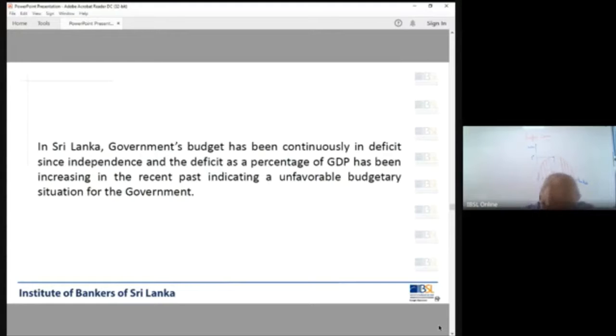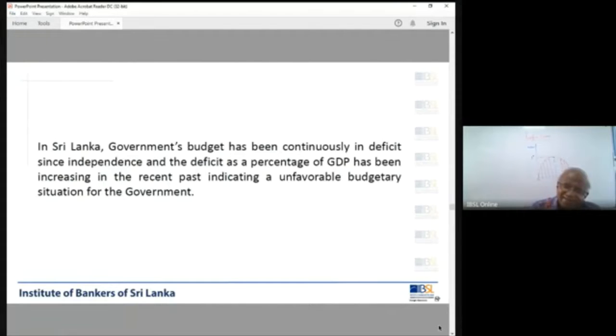Think about a household: 1 year, 2 years, 3 years, a deficit is okay. But 10 years, 15 years, your household budget cannot be financed, you have a problem. Sustainability issues there. But the government has a special advantage.